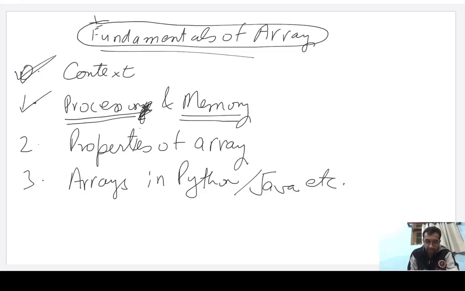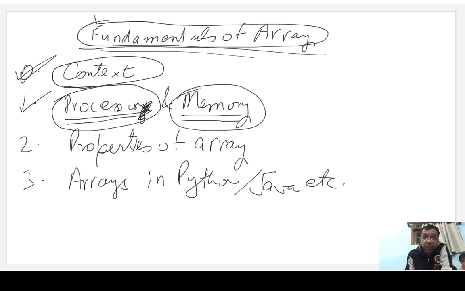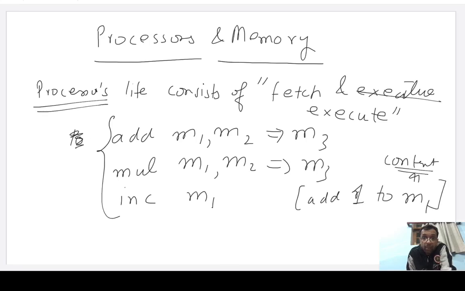Hello everyone. In the last video, while talking about fundamentals of array, I told you why I wanted to talk about it. What do we miss usually in our expositions of an array? And secondly, we discussed how we should view the processor and how we should view the memory. In particular, a processor's life consists of fetch and execute instructions, and those instructions refer to memory addresses.